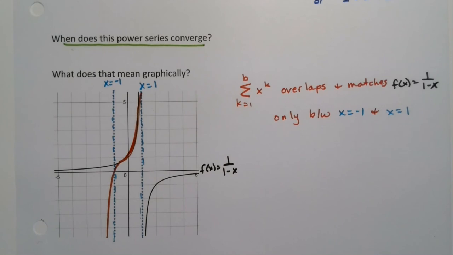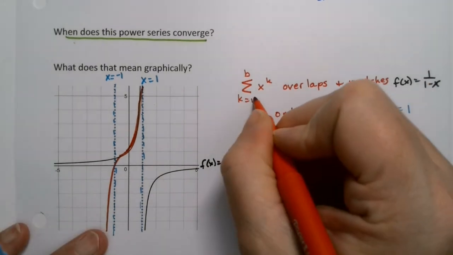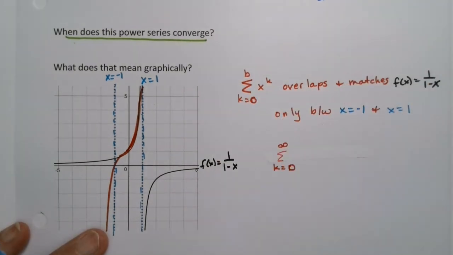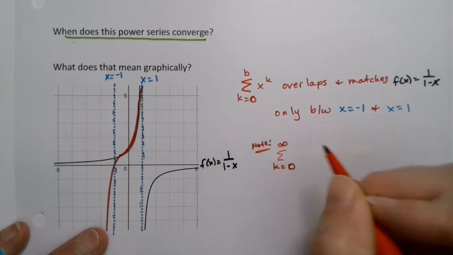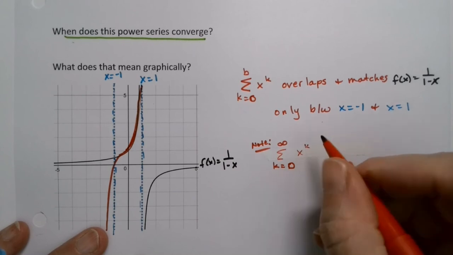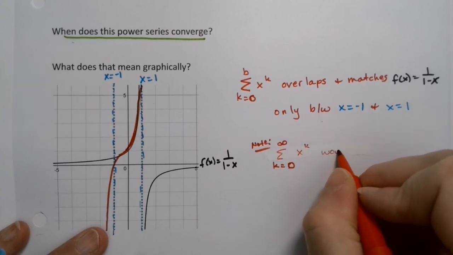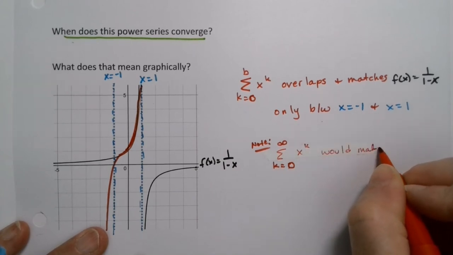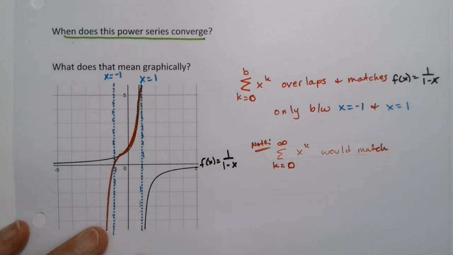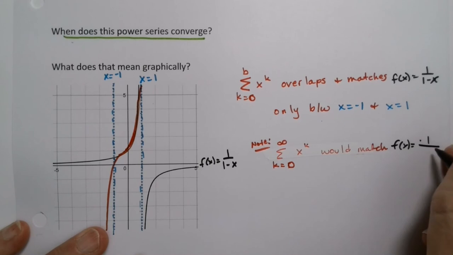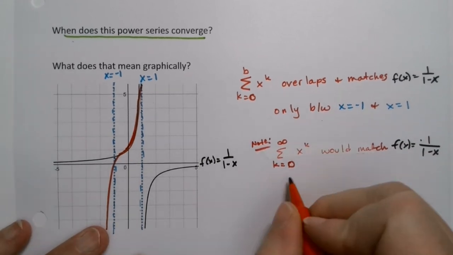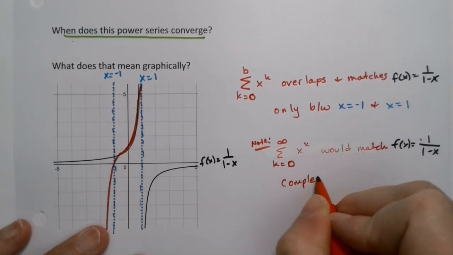It just occurred to me, I don't know why I'm saying it starts at 1. It started at 0. It doesn't matter. But I'll also make a note that that series would match f of x equals 1 over 1 minus x completely, right?